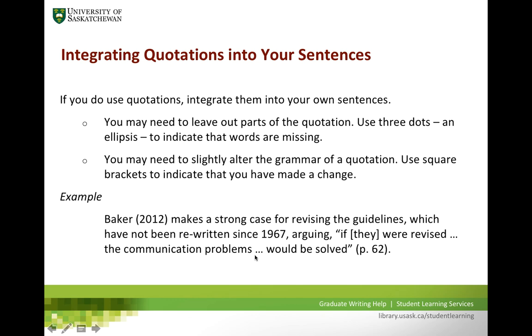And then I use an ellipsis because the quotation would have been too long otherwise. So these are very useful tools to help you integrate quotations into your sentences. So I encourage you to use them.